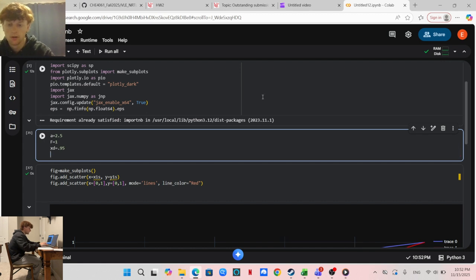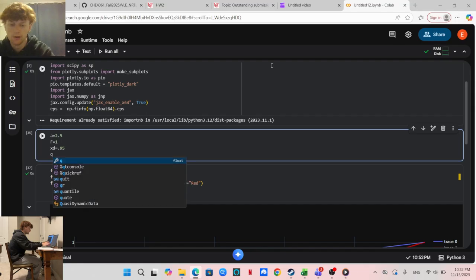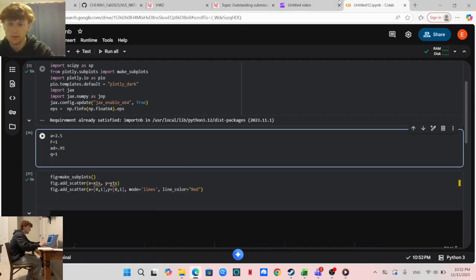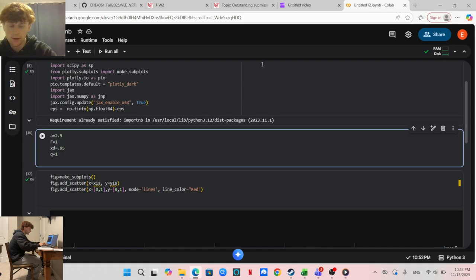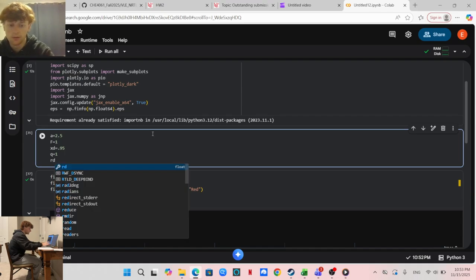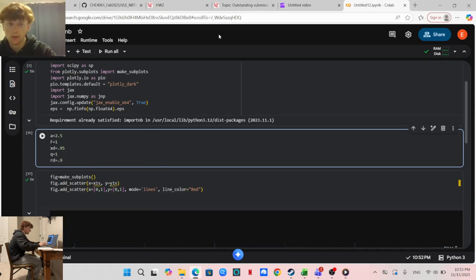Our Q, we'll say we have a saturated liquid, so it would be 1. Our other known is the recovery rate of our distillate, so RD equals 0.9.